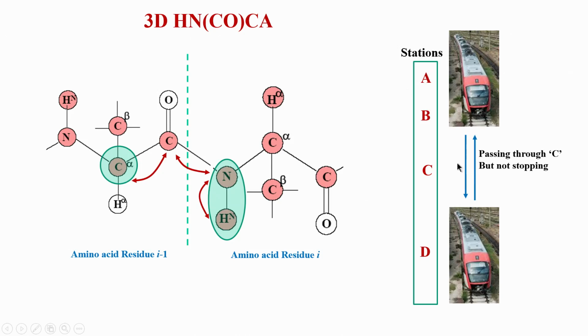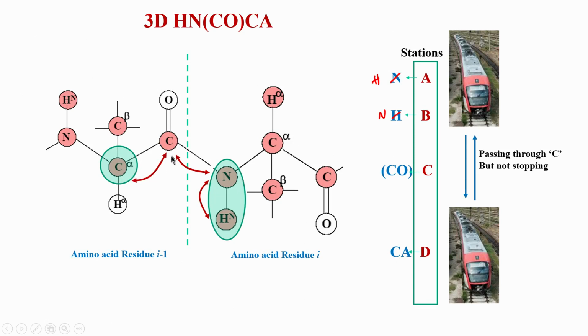We can correlate this picture with this here, by thinking of a station as a nitrogen, A as amide, let me change this, this is H and this has nitrogen. Okay. So, I go from this proton to nitrogen, then I go to carbonyl, but you see I am not stopping here, I will not do anything to this nucleus, I will not evolve this nucleus, but I will transfer to C alpha and C alpha will be evolved.